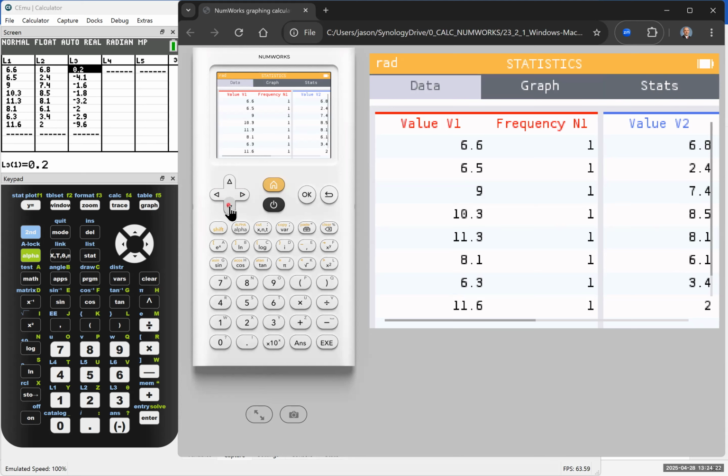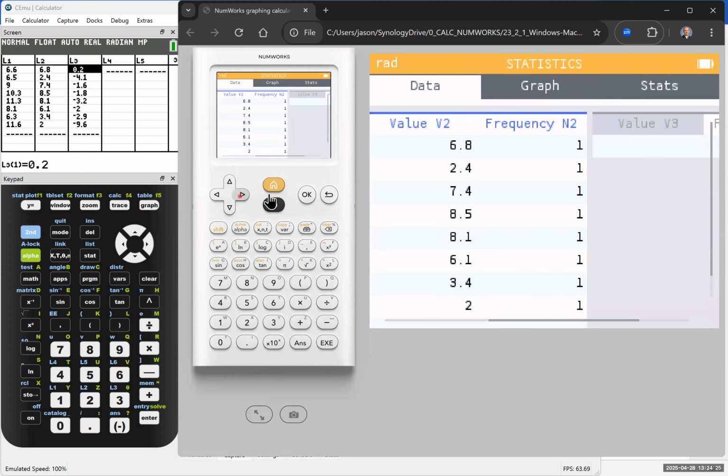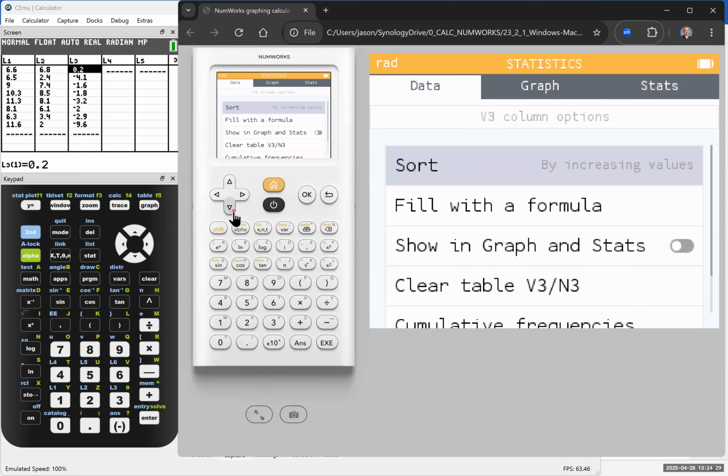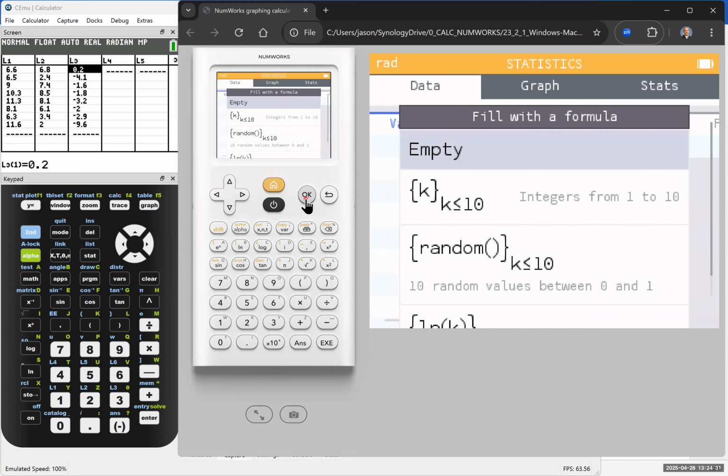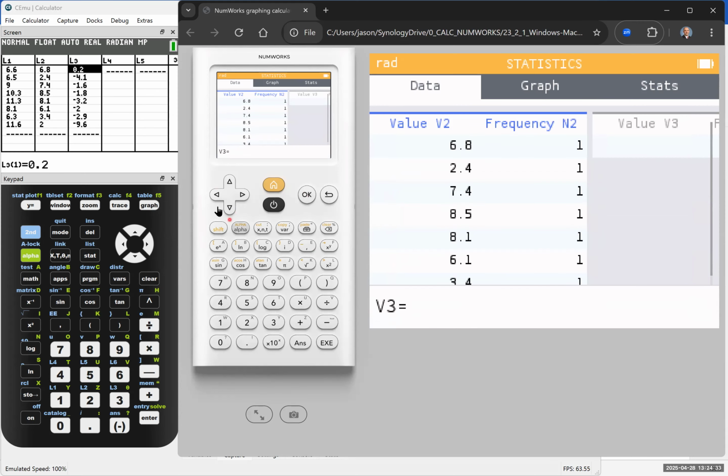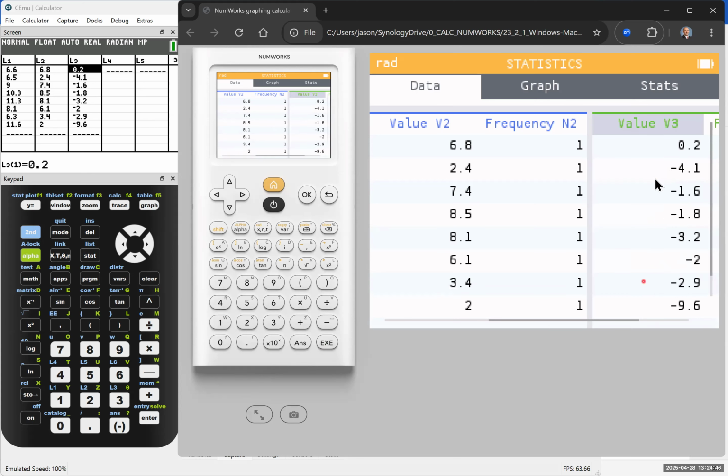Come down over here for value 3. So I'm going to click OK, fill with formula, and I'll just make it empty. So now I want to do shift alpha divide, which will give me a V2 minus shift alpha V1. And you can see I'm getting all the same values that I got on the Texas Instruments calculator. So that's good. Both are saying the same thing.